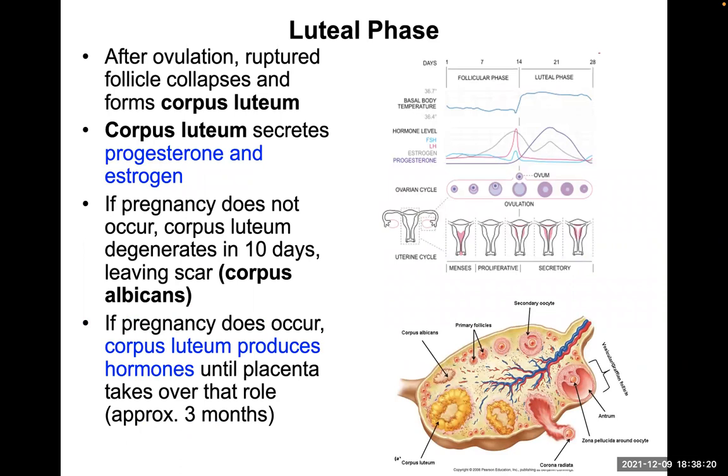Okay, so that's what this slide goes over as well, all the events that occur when it comes to the corpus luteum, the structure that maintains the lining of the uterus.